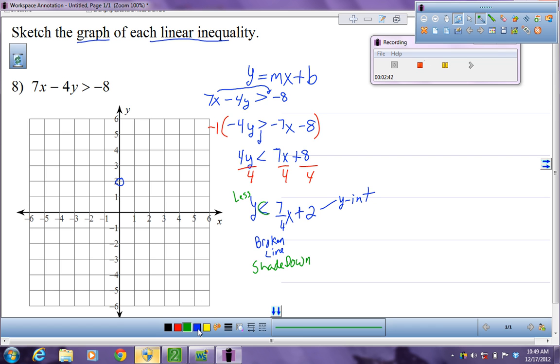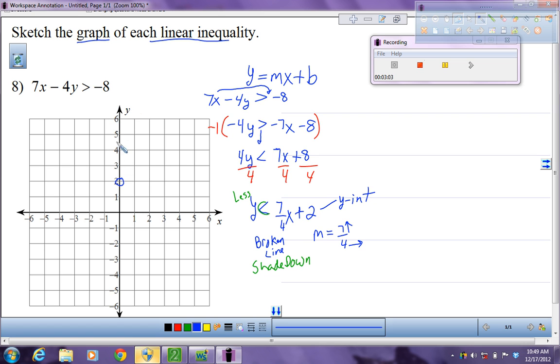Okay, and then of course your slope is the number next to the x, so it'll be 7/4. Change of y is 7, so that means if it's a positive 7, the y numbers are positive, they go up. Change of x is positive, the x positive numbers go to the right. So from the 2, I'm going to go 7 up and 4 to the right.